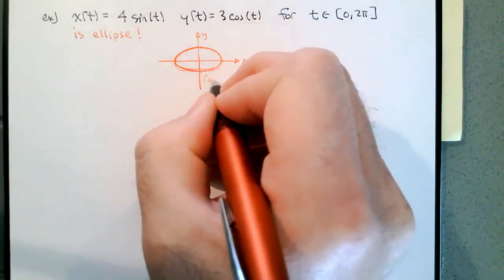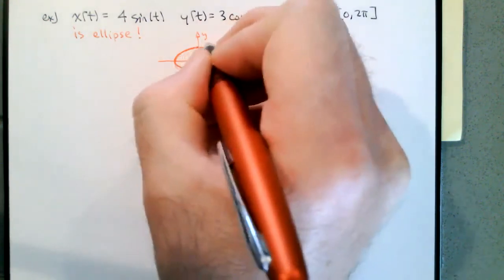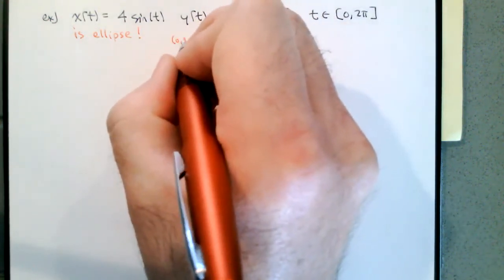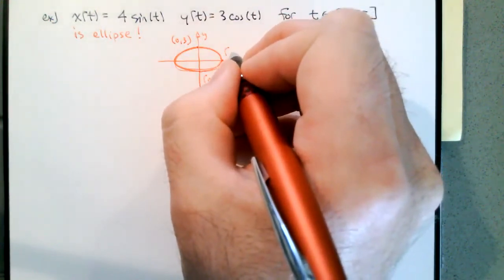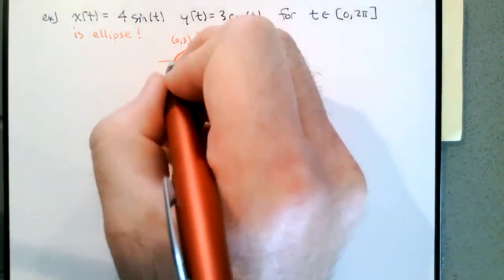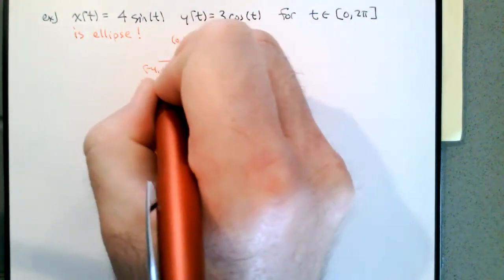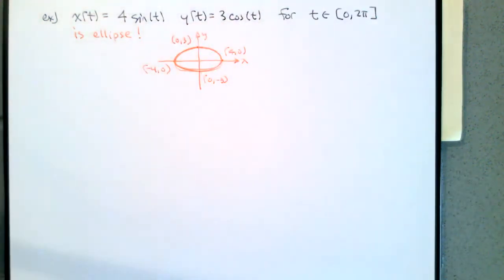We still go from (0, -3) to (0, 3) on the y. But now our left and right is (4, 0) and (-4, 0). I didn't change the sine versus cosine. X is still on sine and y is still on cosine.